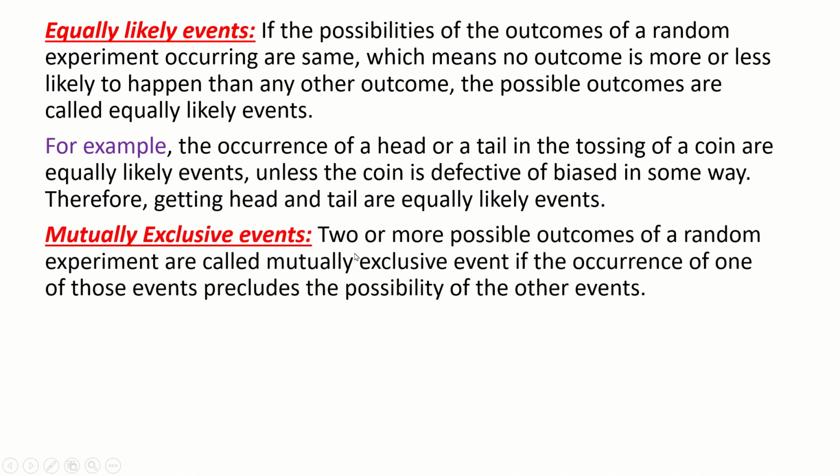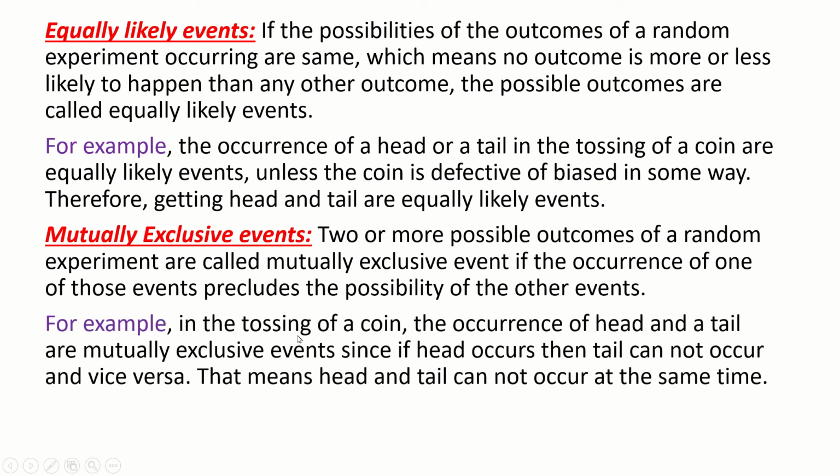Mutually exclusive events. Two or more possible outcomes of a random experiment are called mutually exclusive events if the occurrence of one of those events precludes the possibility of the other events.